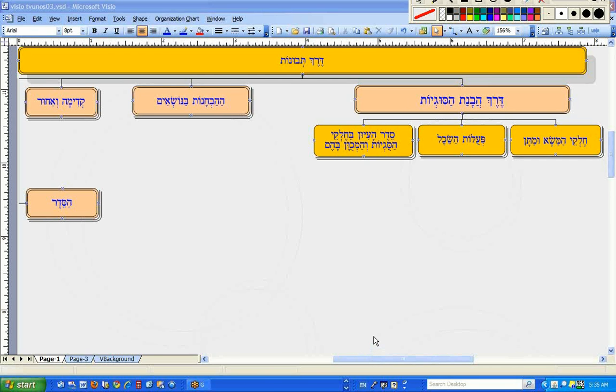What's difficult to understand about Derech Tevunos, one of the difficult things is the organization. It's extremely organized, but because there are so many details, it's quite easy to get lost in the trees and not see the forest.